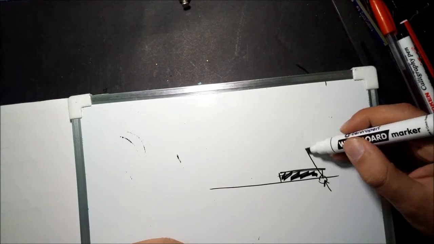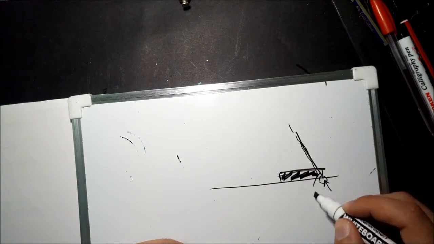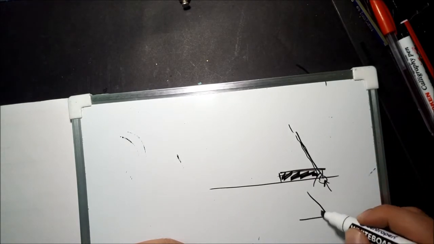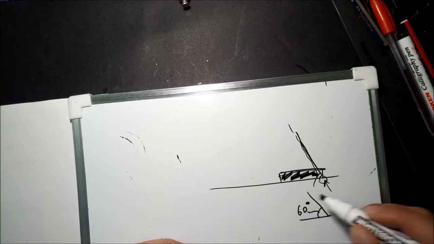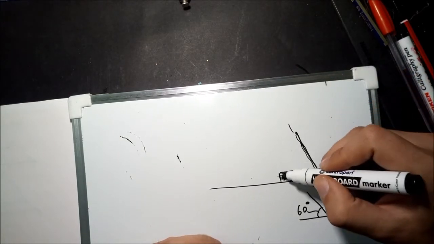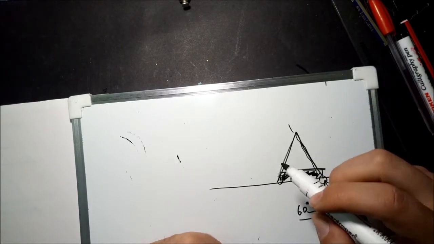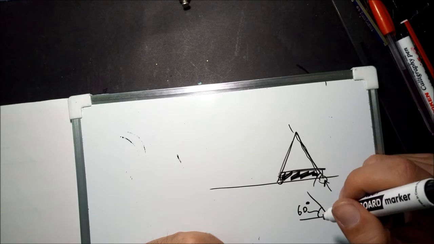We start from here and we create a line with this angle, 60 degrees. Now there's another point on the other side of it that will give us another line to work with.